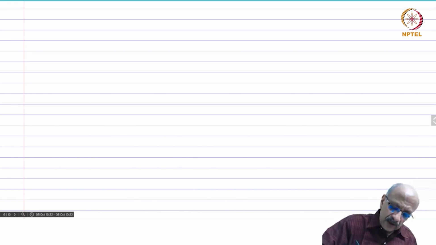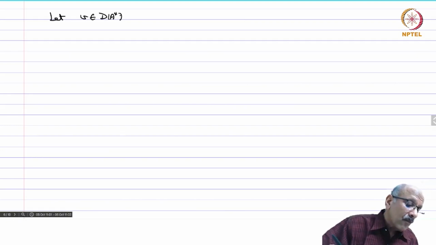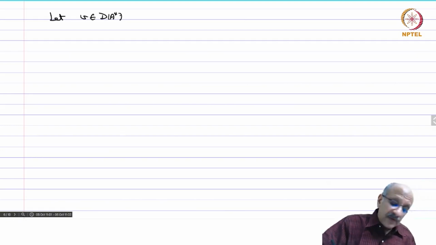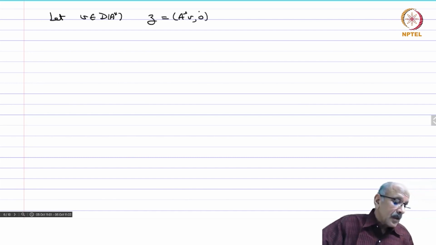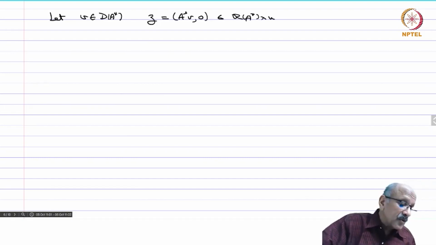So let us take V in the domain of A star. Then set Z equals A star V, comma 0. So this belongs to the range of A star cross W star, which is, as we know, in G perp plus H perp.